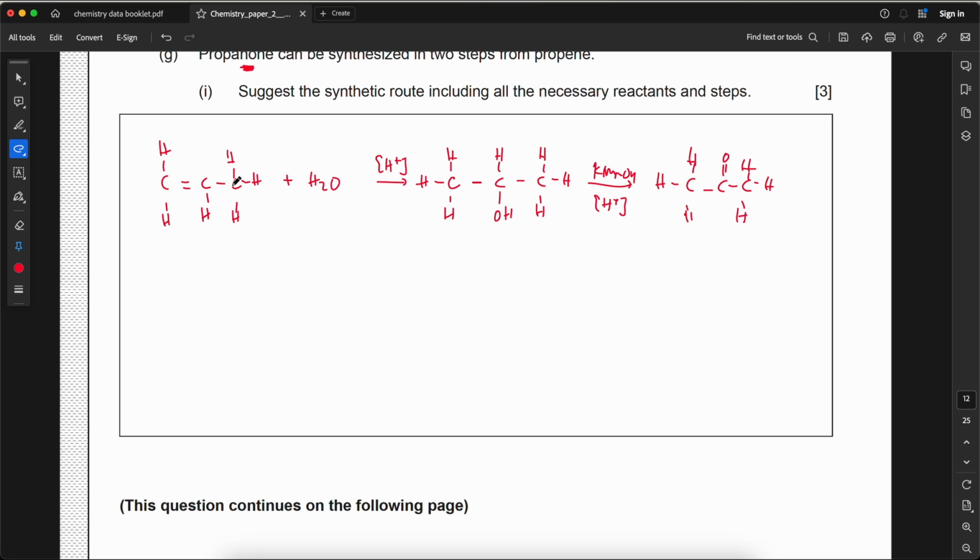That's why when it produces primary carbocation, which is primary alcohol, that would be a minor product, because primary carbocation is less stable compared to the secondary carbocation, and secondary carbocation would be less stable compared to the tertiary carbocation. But tertiary alcohol will not undergo oxidation, so there is no product and there is no reaction.